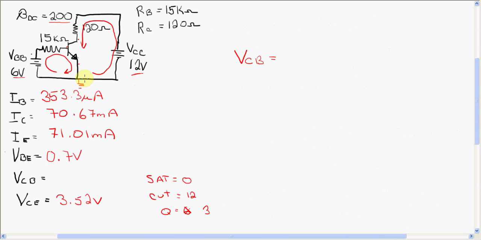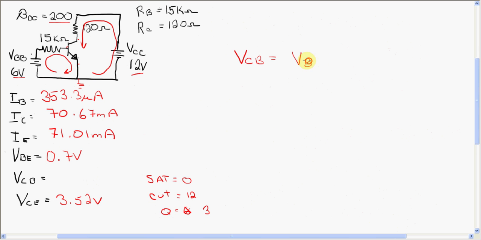If I were to measure from here to the collector, I'd read 3.52. So all we have to do is take the voltage at the base.